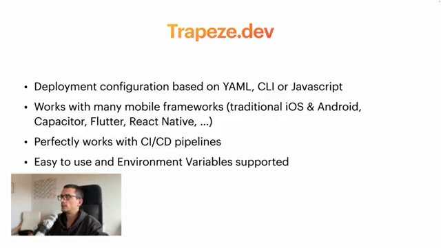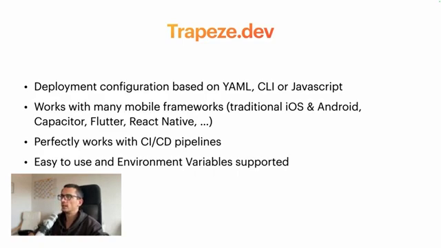Trapeze is another project from the Ionic team, as Capacitor already is. Trapeze has the goal to simplify the deployment and configuration of white labeling apps, or of your application during a CI/CD build process.